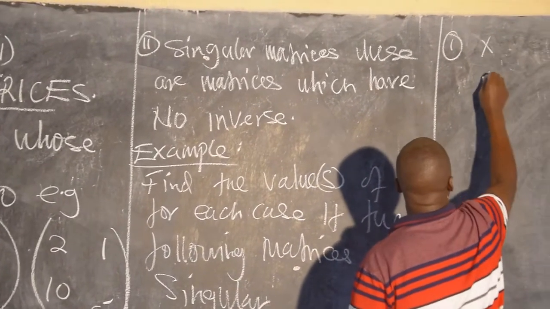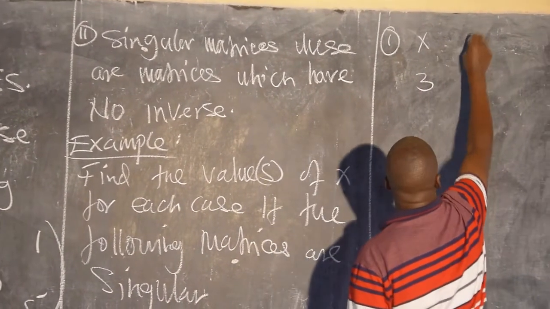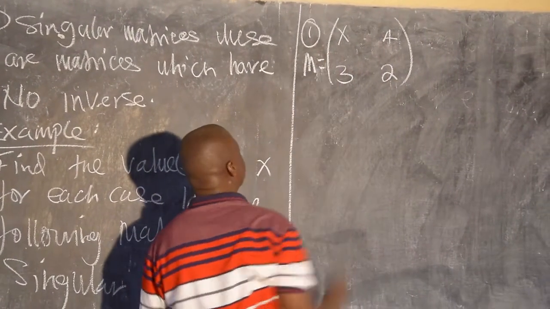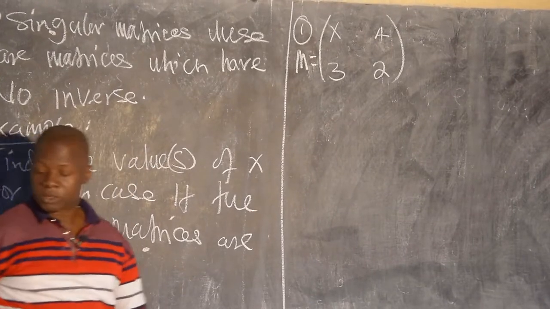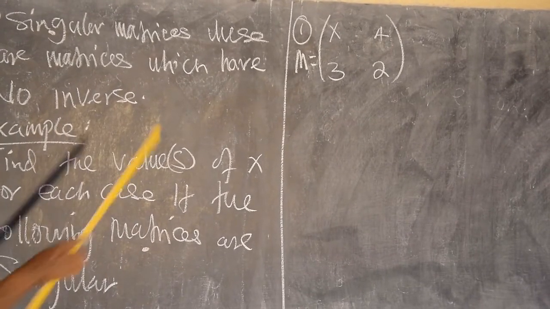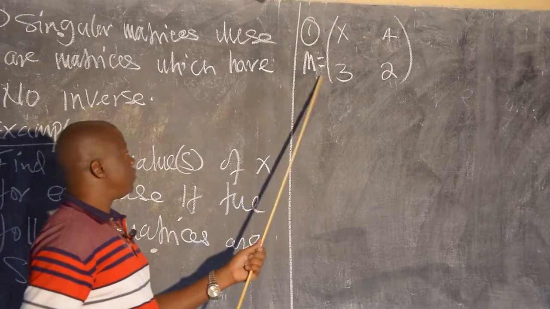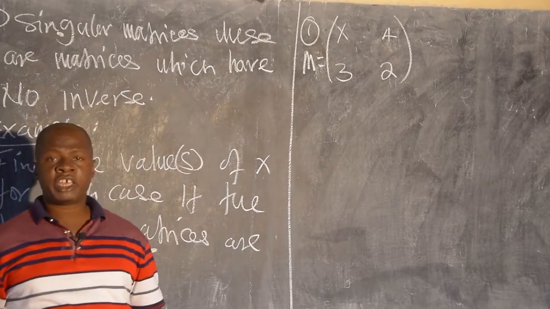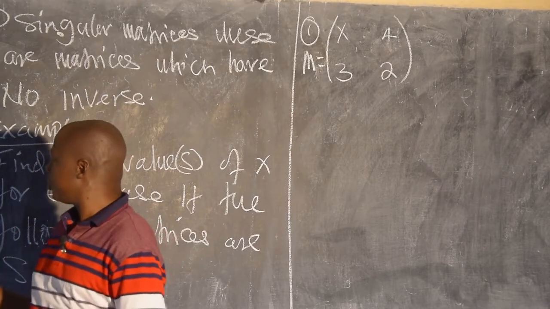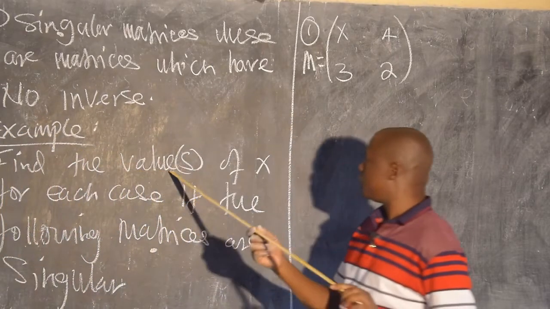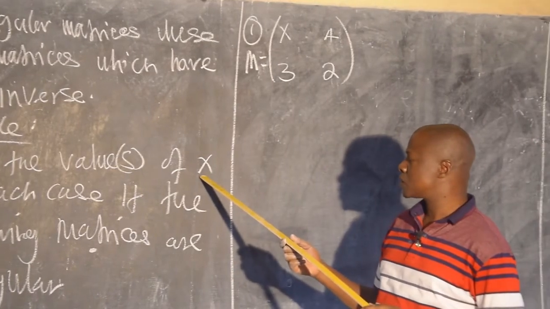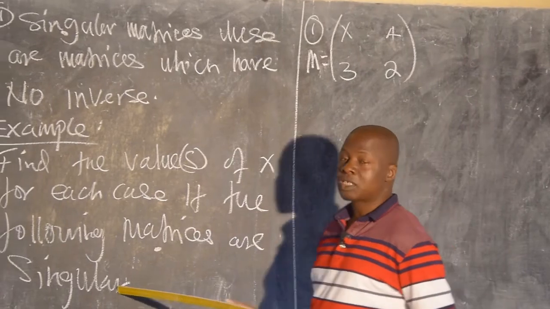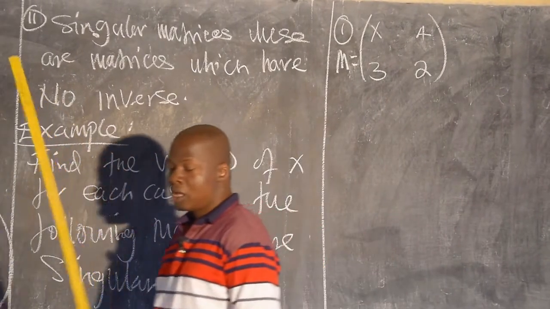We have matrix M equal to x, 3, 4, 2. They want us to find the value or values of x given that the following matrices are singular.